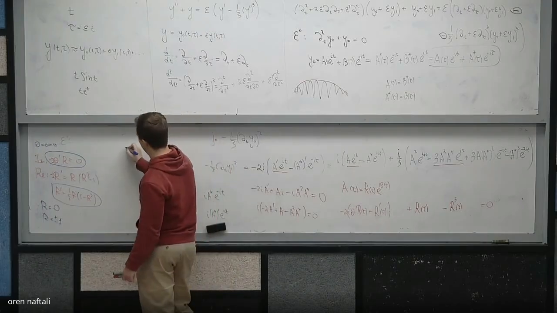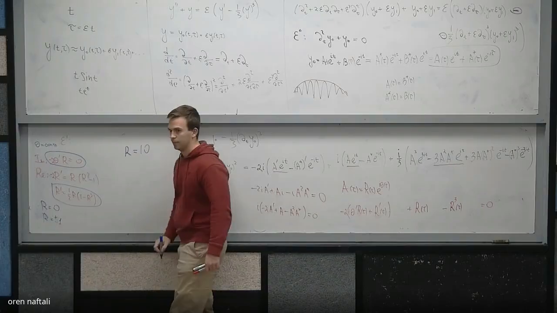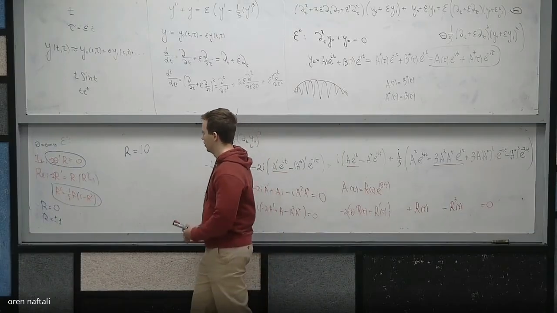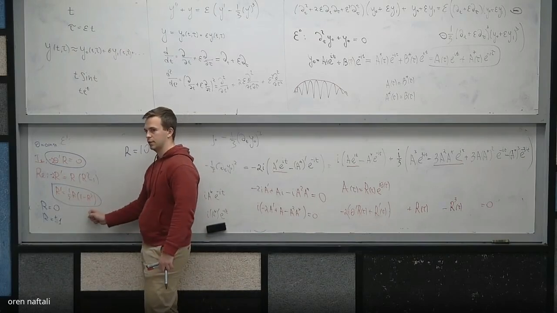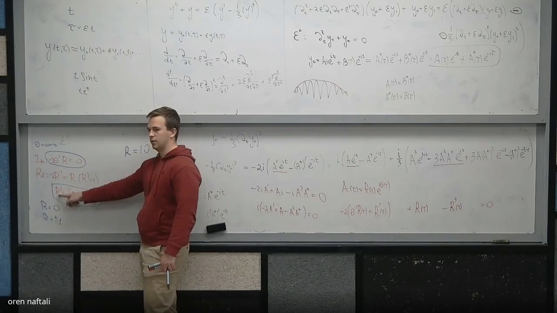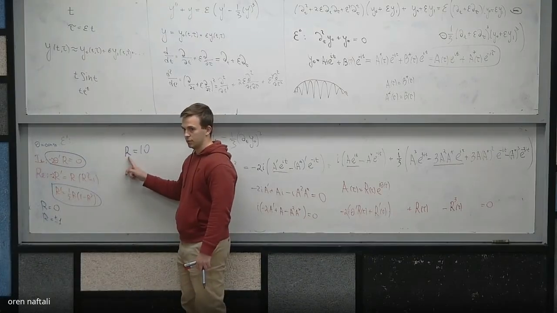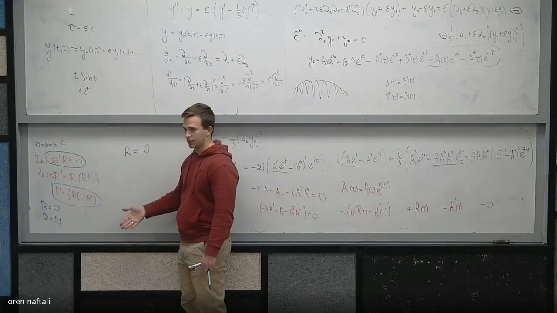So if we start with r equals 10, what will happen? There's a dampening force. The right hand side is negative, right? Therefore, the derivative is negative, meaning that r is decreasing. And it will decrease until 1. And then it stabilizes.